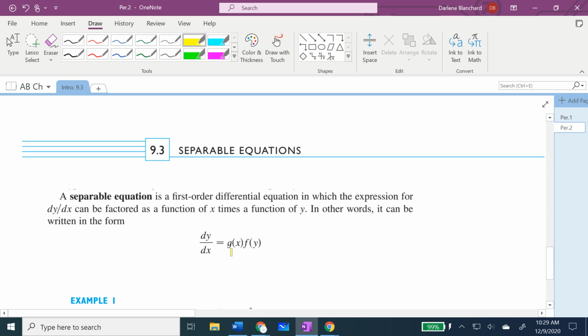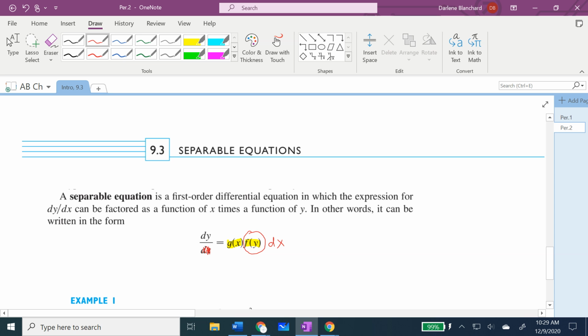So you're running into a situation where you can separate x and y into different factors. That will allow you to take the differential dx and multiply it over to the right. And then you can divide by the factor that has y in it.